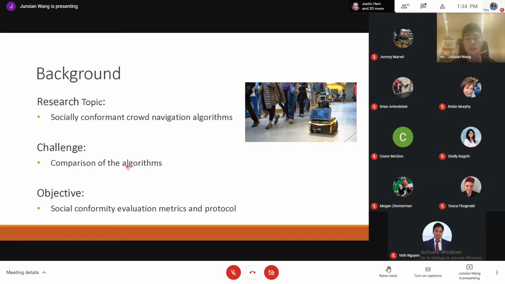And secondly, while most papers include metrics such as proximity to humans, success rate, and time to goal, the actual metrics are often diversified or non-existent. This leads to our goal to design and propose a set of social conformity evaluation metrics and protocol, which I'll explain later.